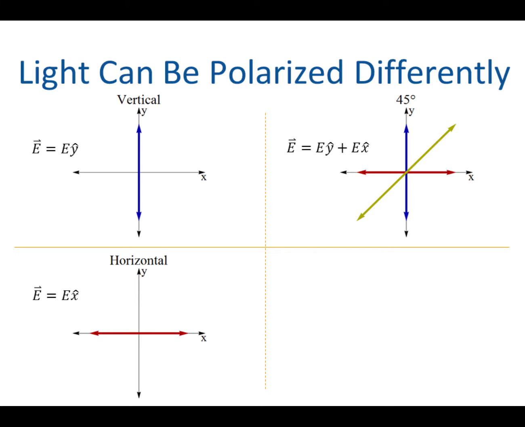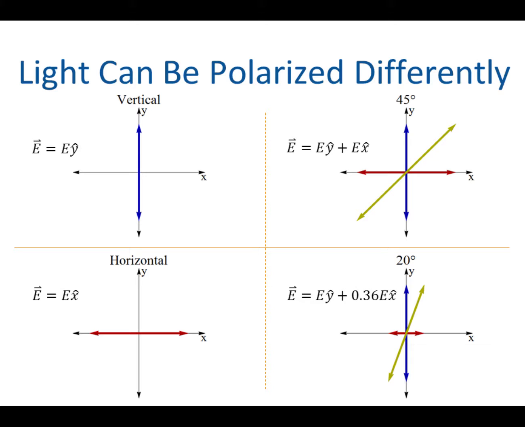So if we have equal parts x and y, we'll find that that polarization state is 45 degrees linearly polarized. And you can just as easily imagine reducing the amount of x or the amount of y. In this case we've reduced the amount of x polarization in this wave, and the resultant is now going to be at a different angle, in this case 20 degrees.